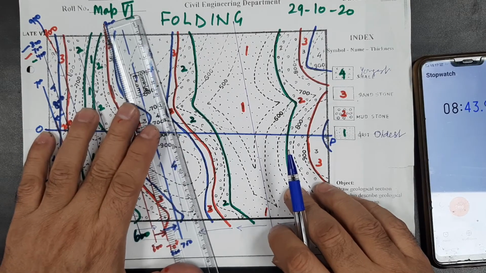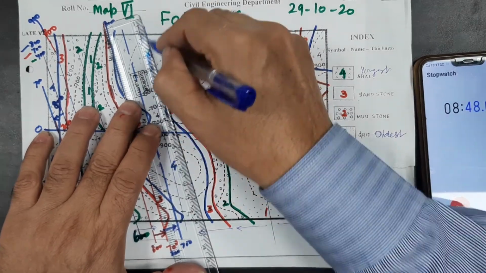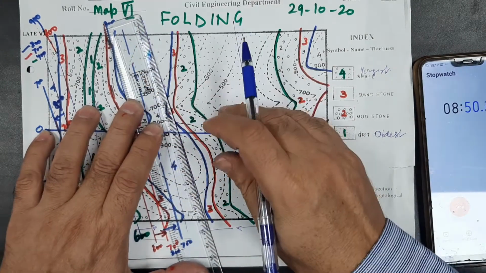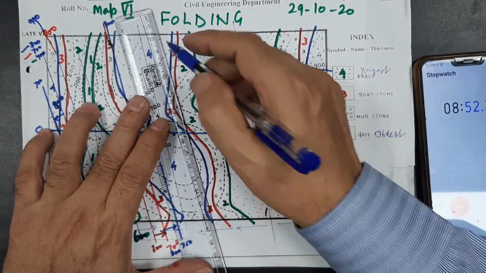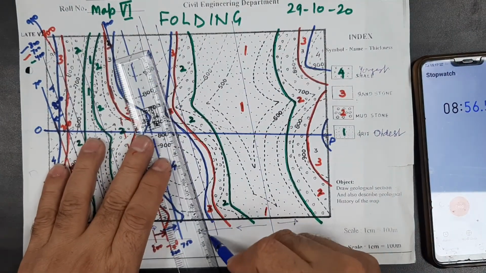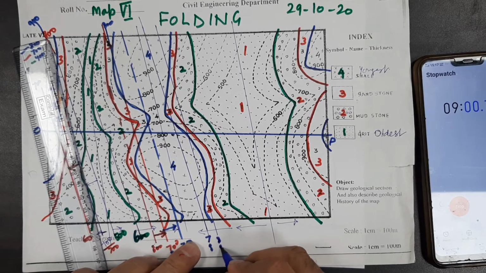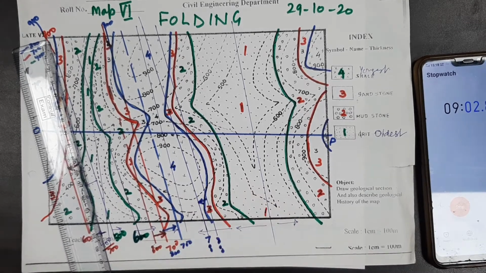I will again draw on the blue line. I have got these two 700 points here. So I can get a strike line of 700, and I can also get a strike line on the same contact of 800. See here, this is 700, this is 800. Again the angle of dip has changed.